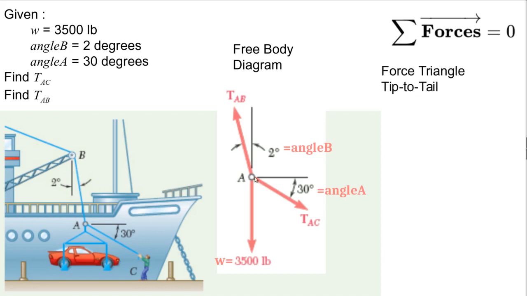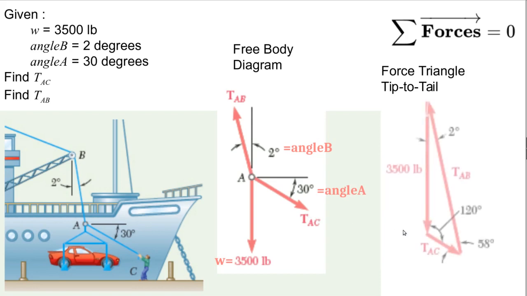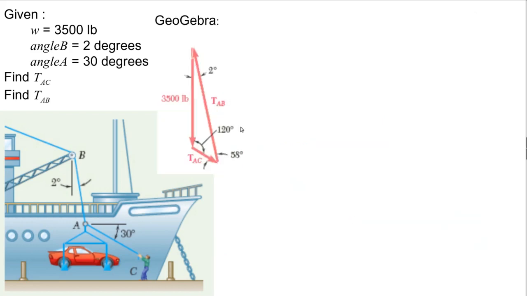That is, you take the starting point of TAC and move it down to the tip of the weight, and then take the starting point of TAB and move it down to the tip of TAC. When we've done that, this is what we end up with. Again, we don't know the length of TAC or TAB at this point. So let's go on and see if we can find that length.